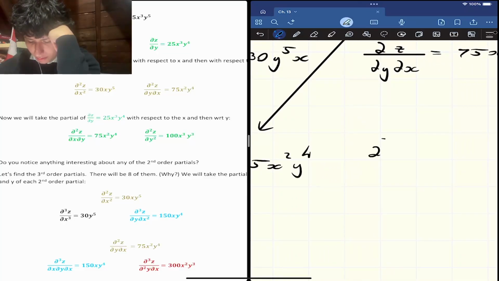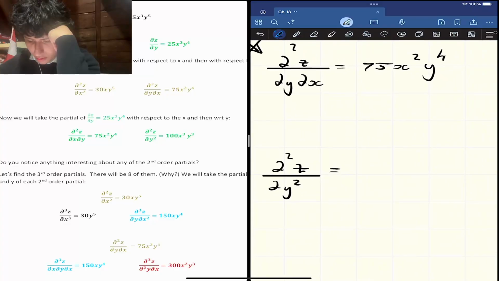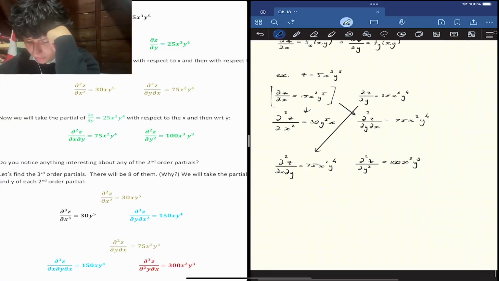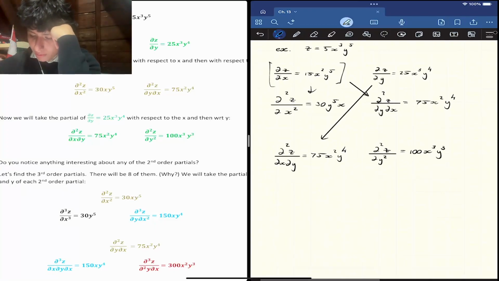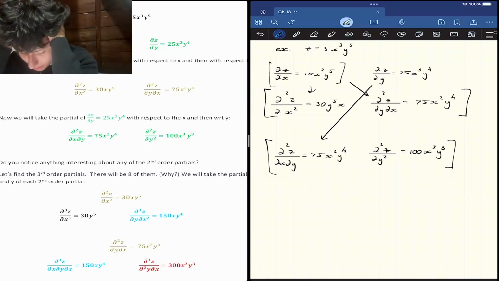And then we would get the second order partial of z with respect to y would be equal to 100x cubed y cubed. So here we get these, in total four different equations. My brain was totally fried for that, I'm not even going to lie to you. Anyway, yeah, it's interesting.